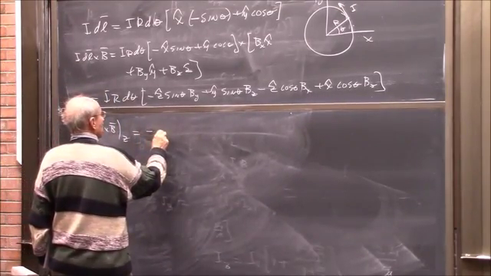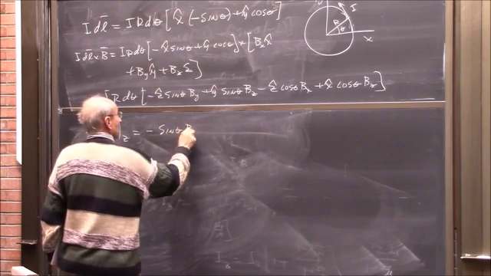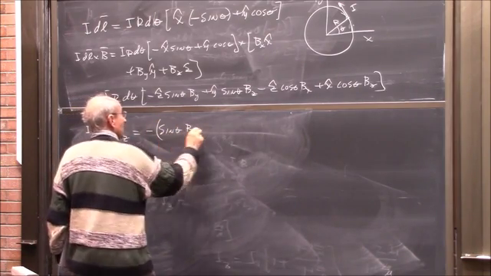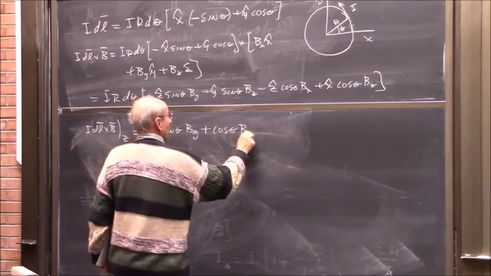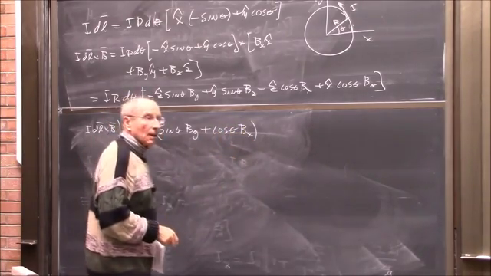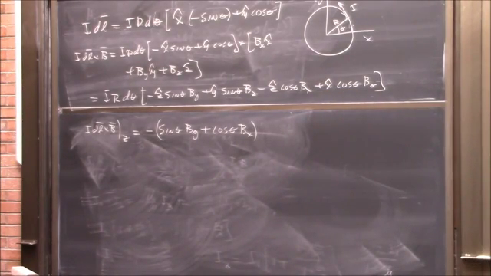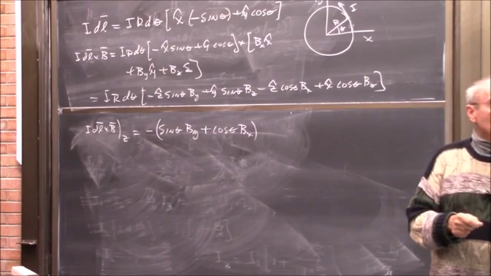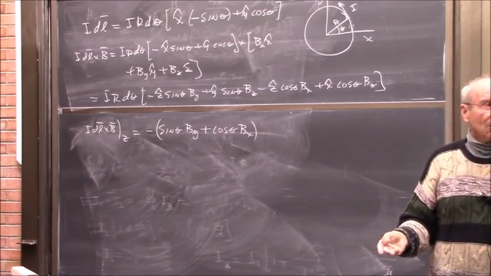So it is minus sine theta By plus cos theta Bx. So, what we need when we set up this integral is By and Bx. Okay with everybody?